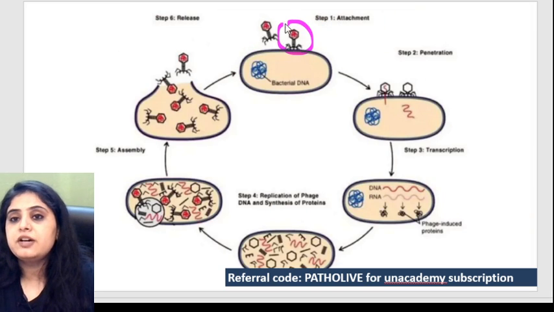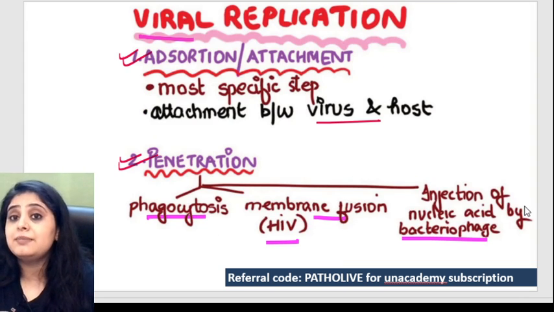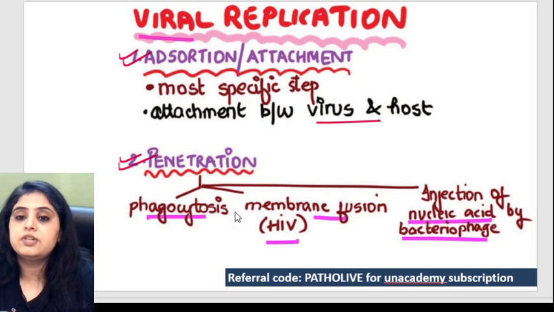If it has attached, does the entire bacteriophage penetrate? No. It only injects its nucleic acid. So penetration just involves injection of nucleic acid. So there are many methods of penetration. In a bacteriophage only nucleic acid will penetrate. In HIV, membrane fusion will occur. In others, phagocytosis can occur.